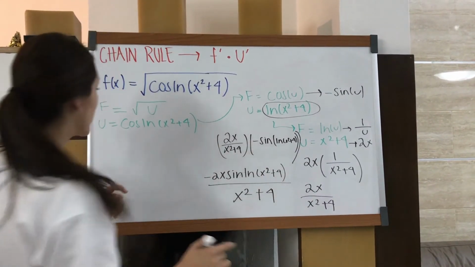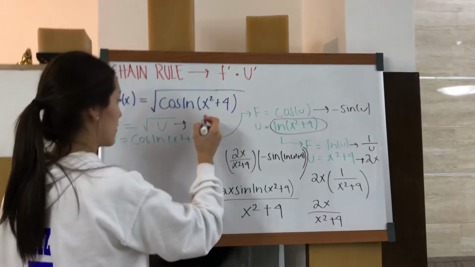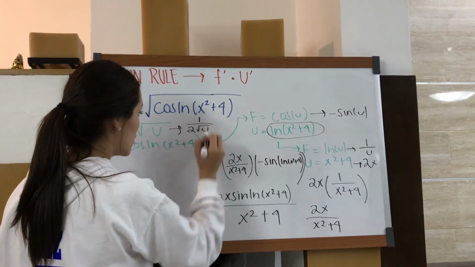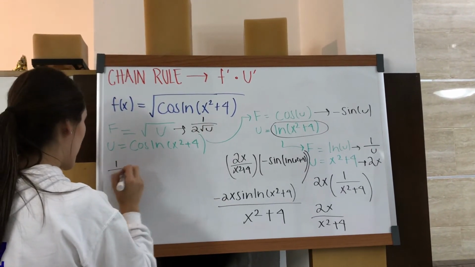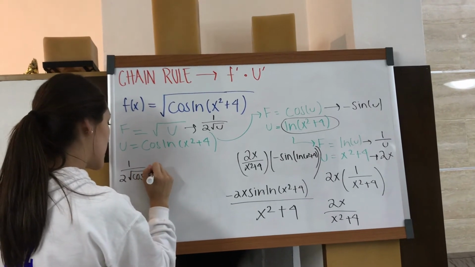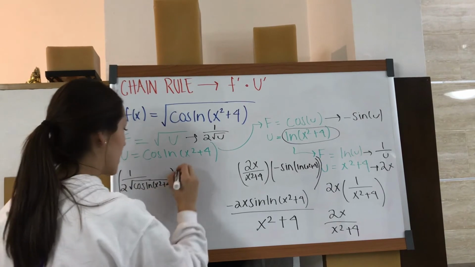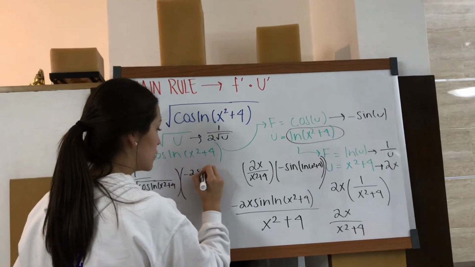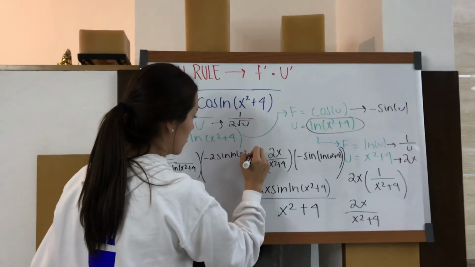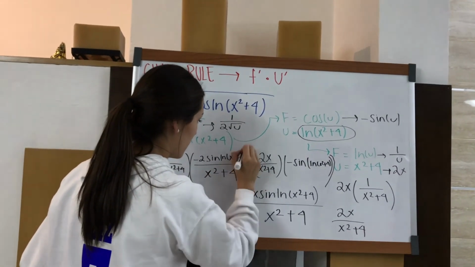This is going to be the derivative of this one, so you only have to get the derivative of your f, that will be 1 over 2 times the square root of u, so you have 1 over 2 square root of the original u, that is cos(ln(x squared plus 4)), times minus 2 sin(ln(x squared plus 4)) over x squared plus 4.